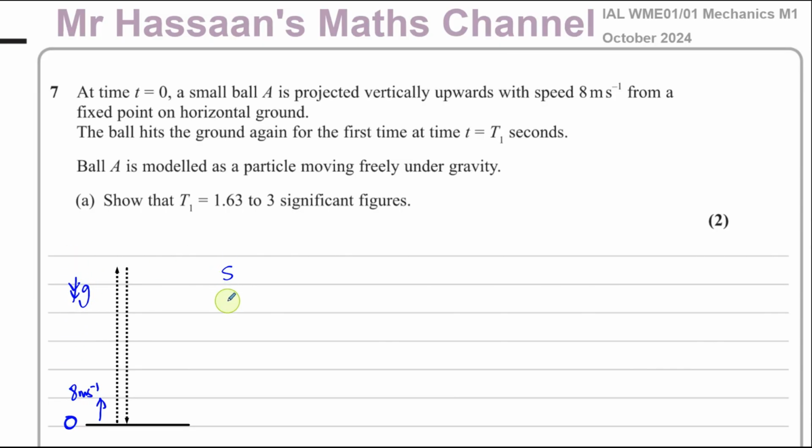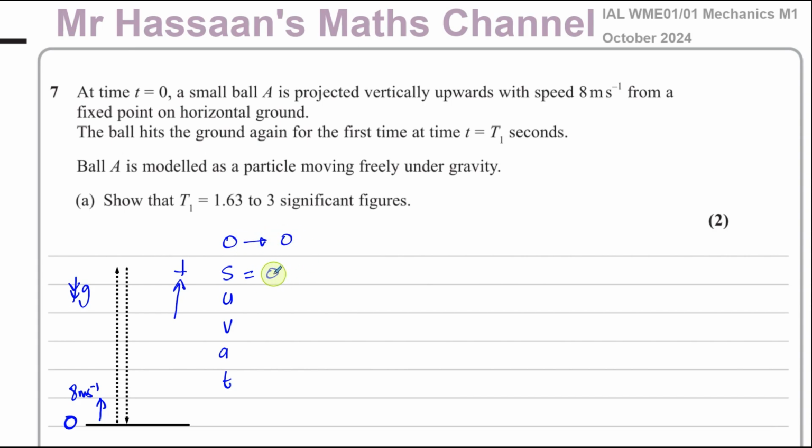Now I'm going to use the suvat equations, and as it was projected upwards, I'm going to take upwards as positive. So s would be 0 because we want to find it going from O back to O again.